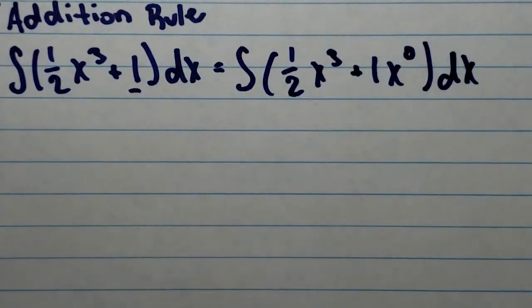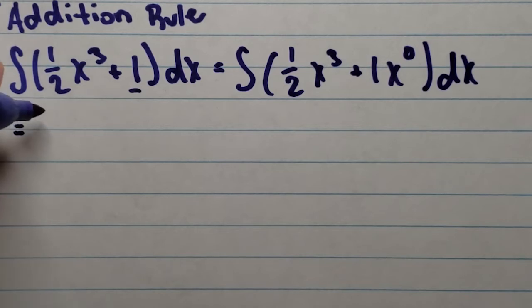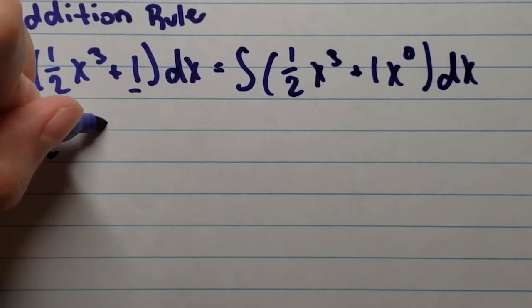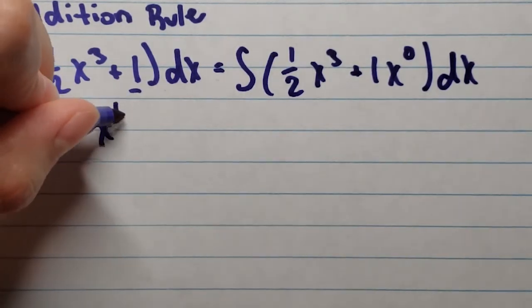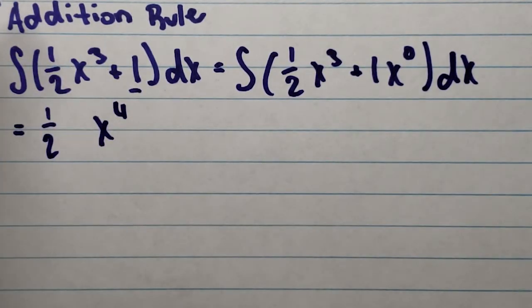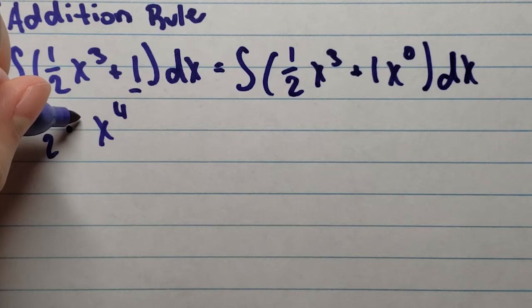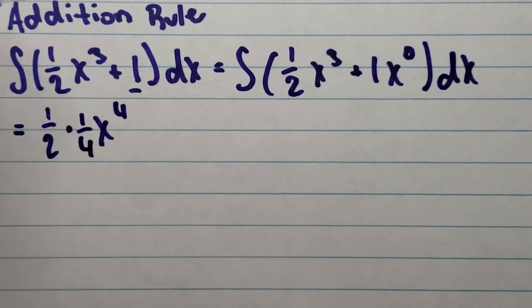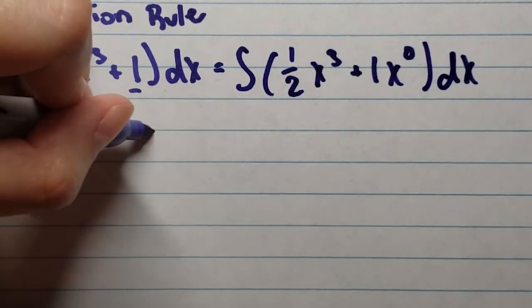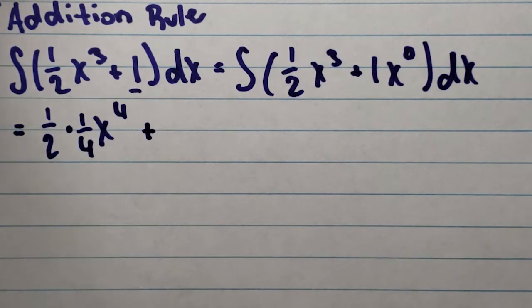So as you can see here, I'm rewriting the equation and replacing the 1 with 1 times x to the power of 0. And I'm also doing the power rule for the first term, where you add 1 to the exponent and then divide it.